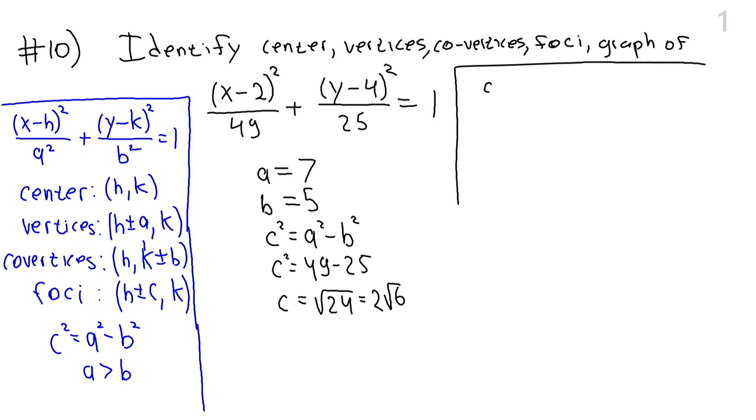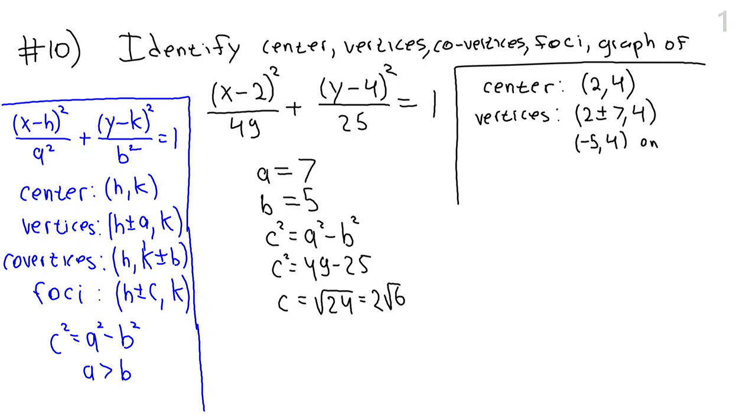The center of our ellipse, read straight from the standard form, is 2, 4. The vertices of our ellipse are going to be 2 plus or minus 7, 4. So this means the vertices are negative 5, 4, and 9, 4.